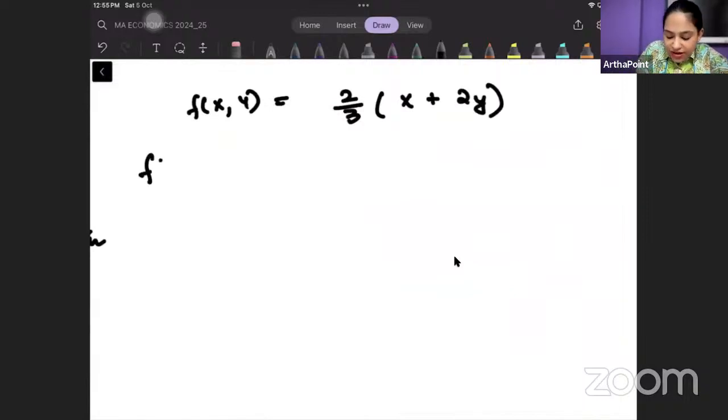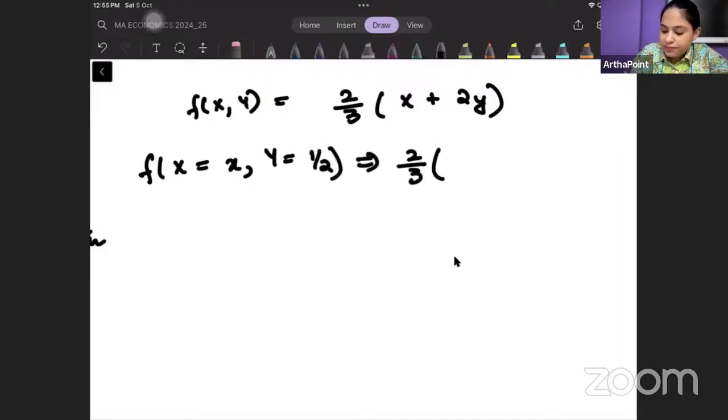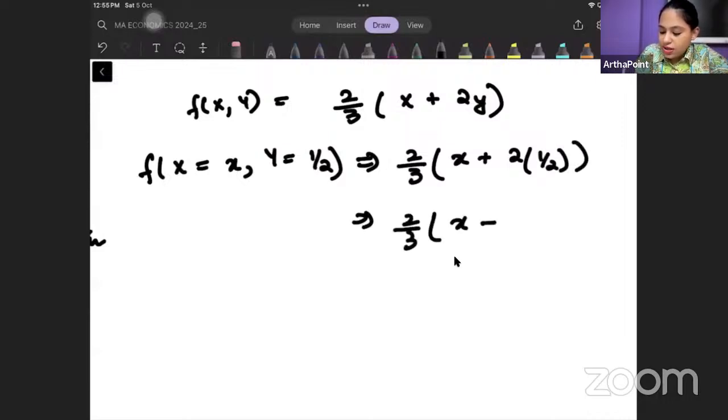Now I want to find this distribution for all some value of x, but I want to keep y at half. So this will be 2 by 3 (x plus, instead of y, I will replace half) and I will get 2 by 3 (x plus 1). This is my joint distribution where I have kept y at half.